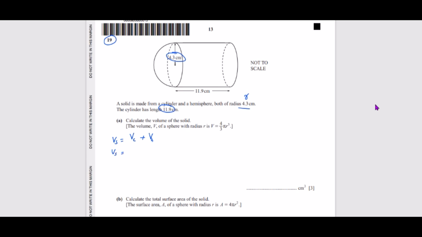Volume of cylinder is equal to pi r square h, plus volume of hemisphere, that is equal to 2 by 3 pi r cube. The volume of sphere with radius r is equal to 4 by 3 pi r cube.